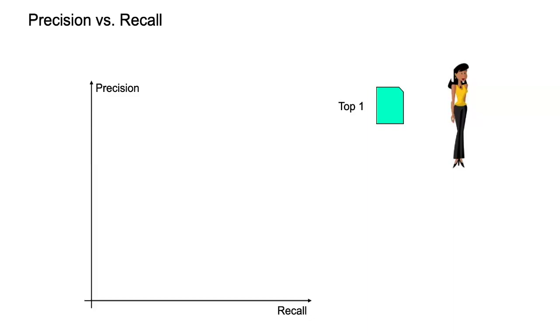It's just one page, right? So if you look at where you are on that graph, do you agree that you're basically here? Who agrees with that? So far, you have very little recall because you only got one result, but you have 100% precision. If it's not relevant, then you're there at 0, 0, right?